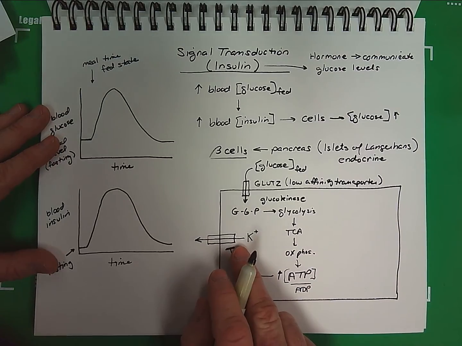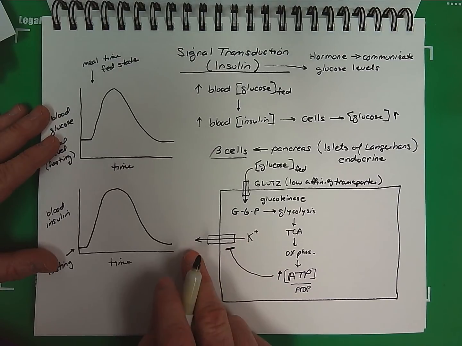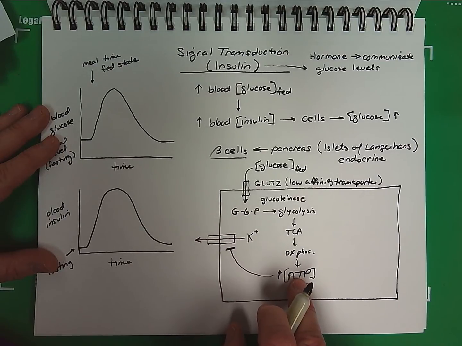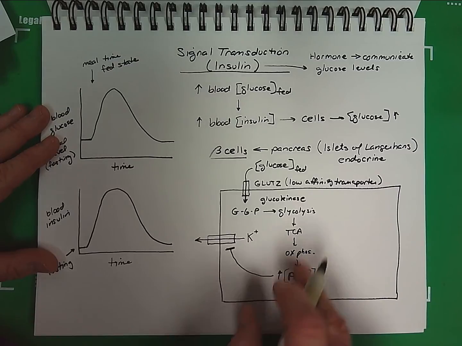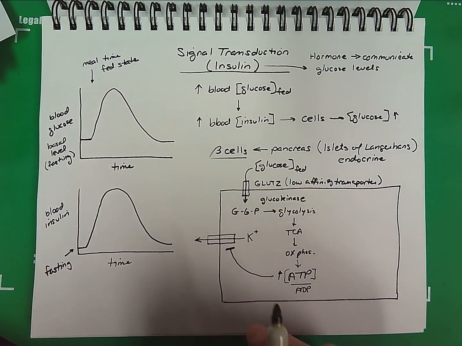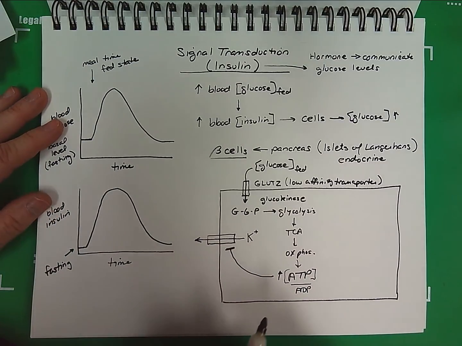Now, this is not the sodium-potassium ATPase that we've seen before. This is not primary or secondary active transport. This is just simply an ion transporter, facilitated diffusion, for transporting potassium. But this transporter is sensitive to the concentration of ATP in the cell. So with lots of glucose coming in, lots of ATP being produced, the channel is inhibited.